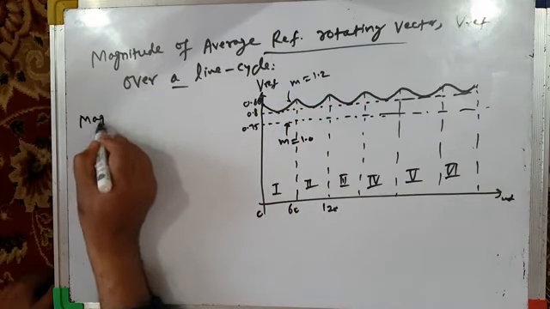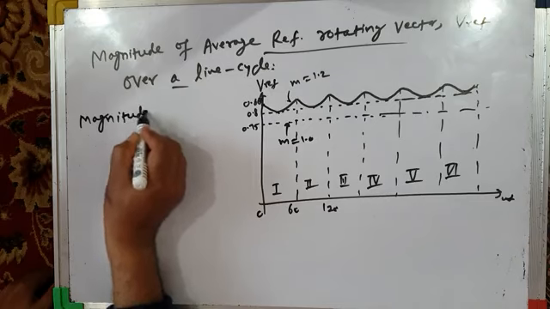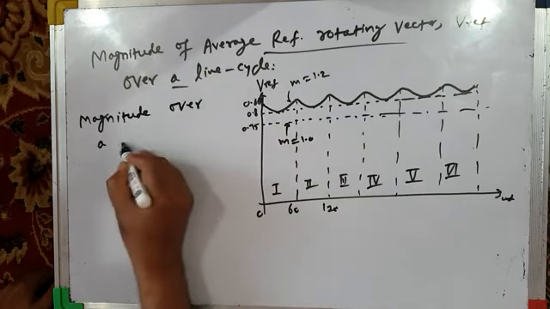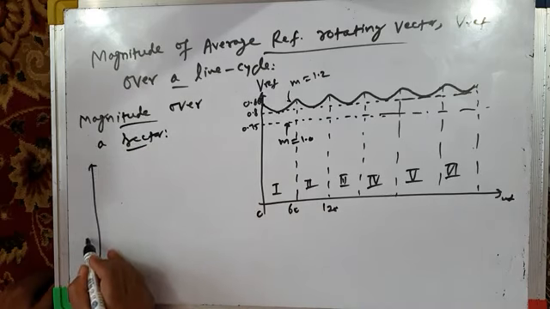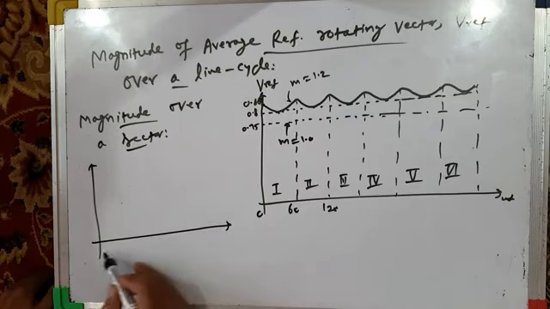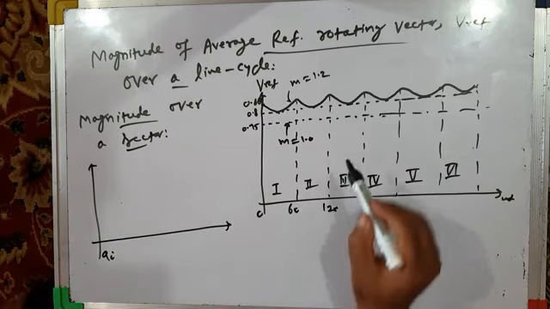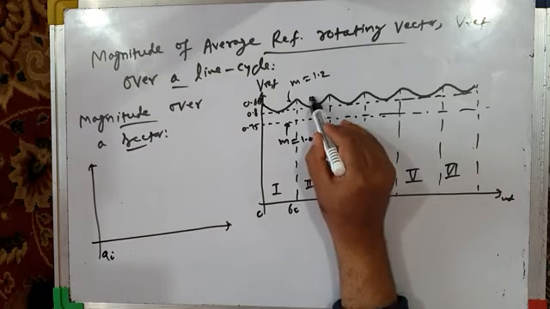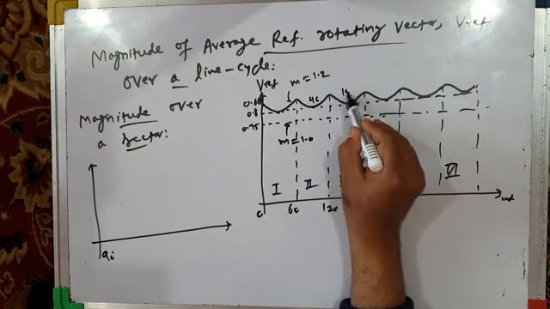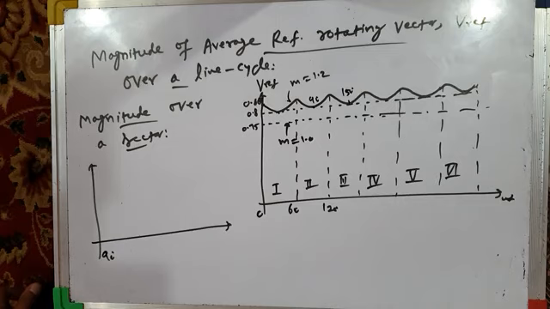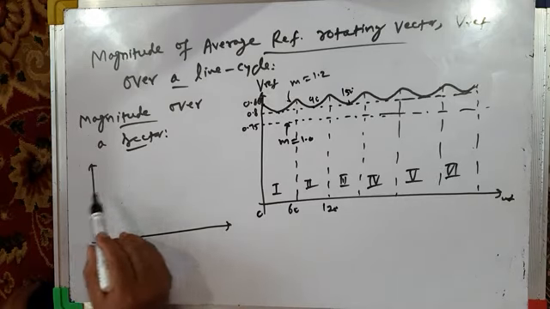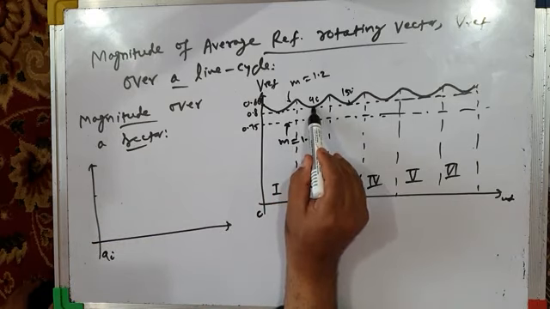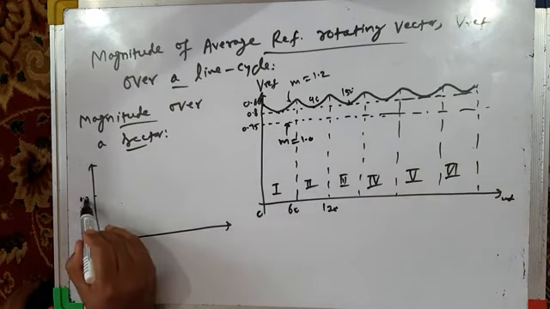Let us see its magnitude over one sector, how it varies over one sector. Say 90 degrees to 150 degrees. This is 90 degrees, this is 150 degrees. You can see that when it is 90 degrees, it has the value of 0.8.